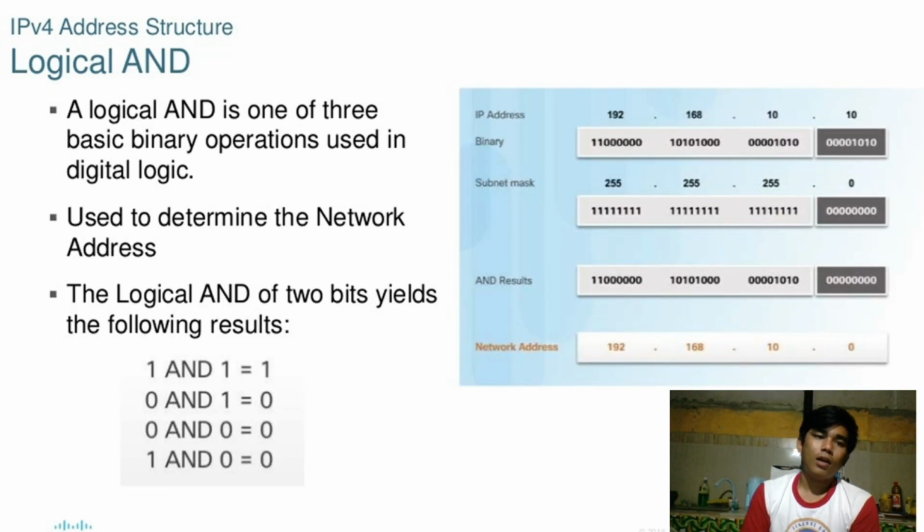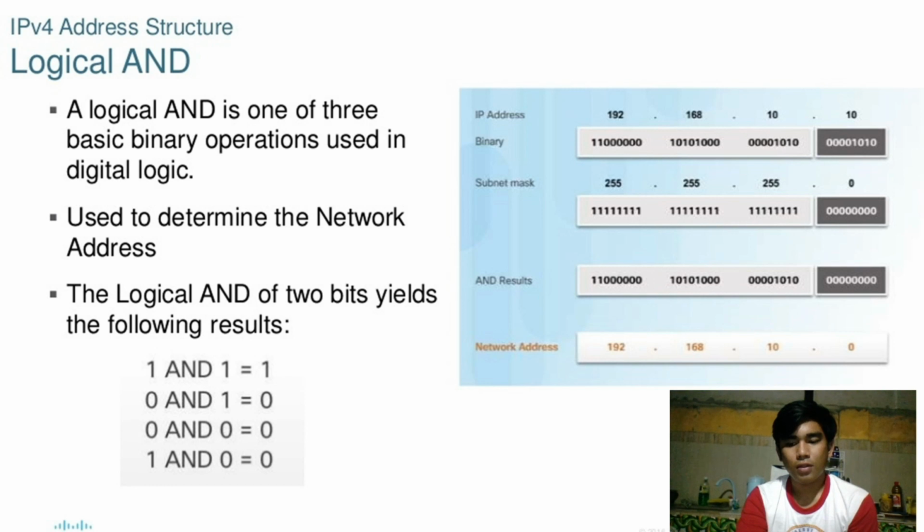The logical AND is one of the three binary operations used in digital logic to determine the network address. The logical AND of two bits yields the following results. 1 AND 1 equals 1, 0 AND 1 equals 0, 0 AND 0 equals 0, 1 AND 0 equals 0.